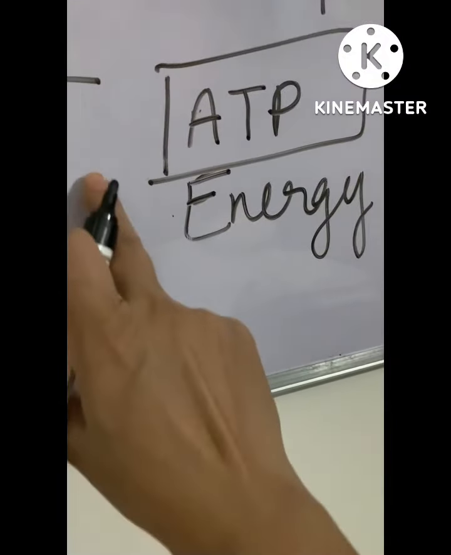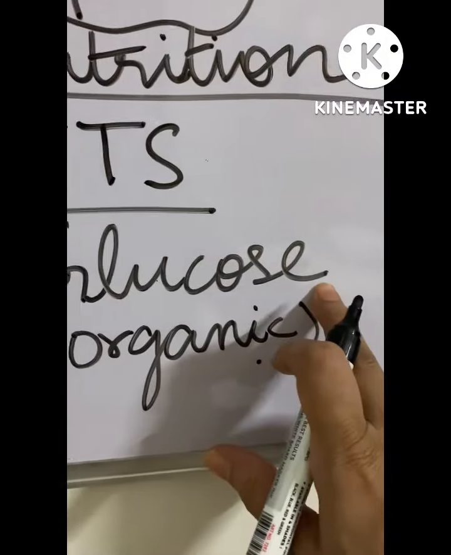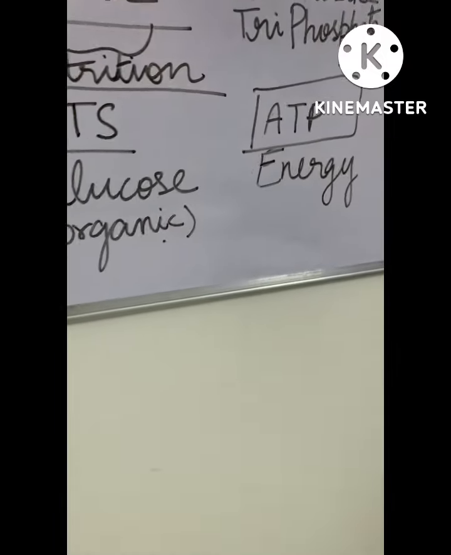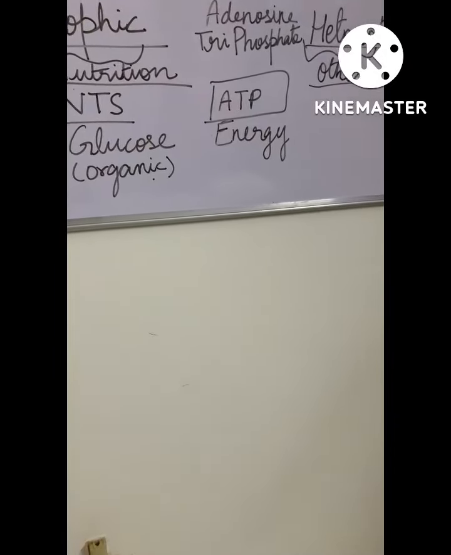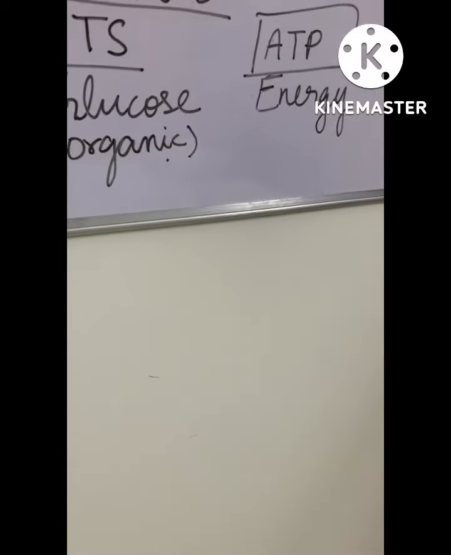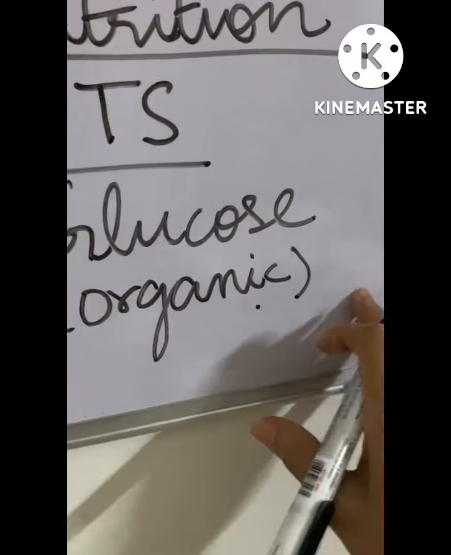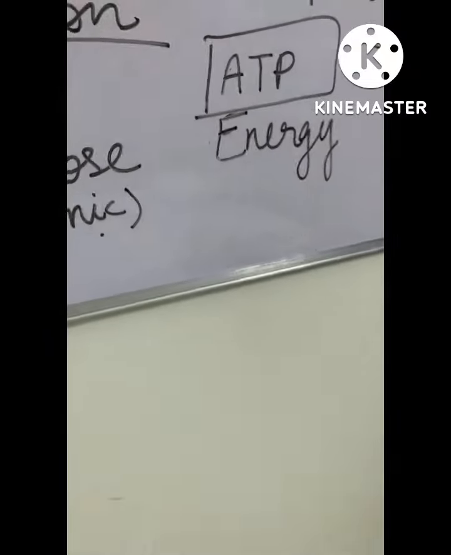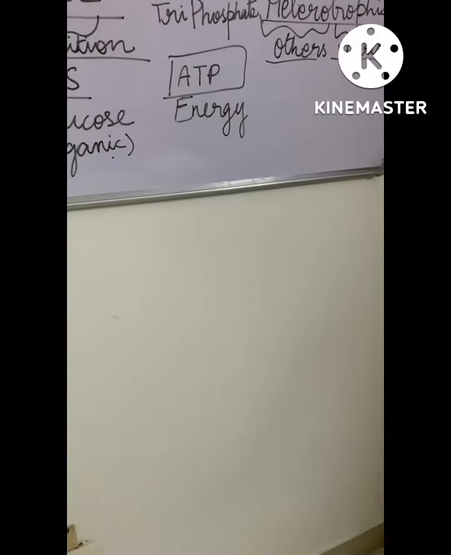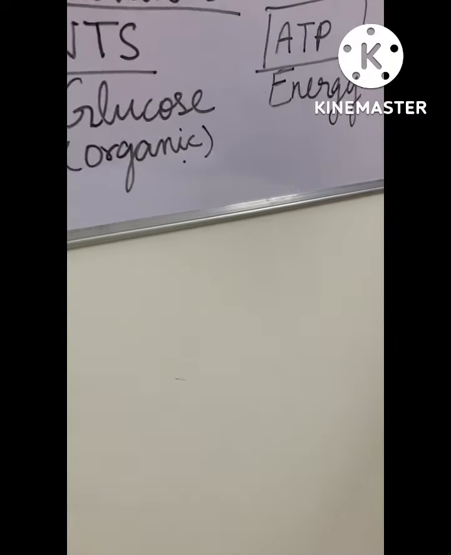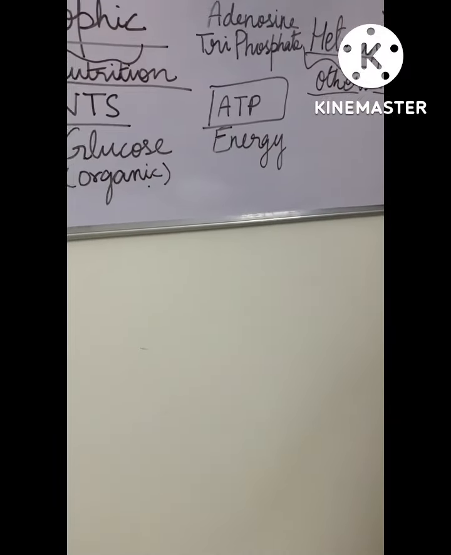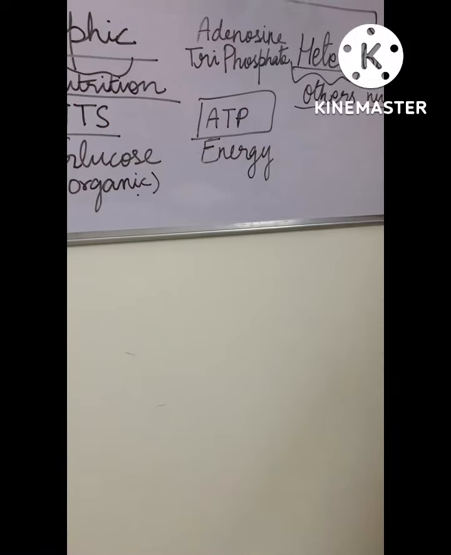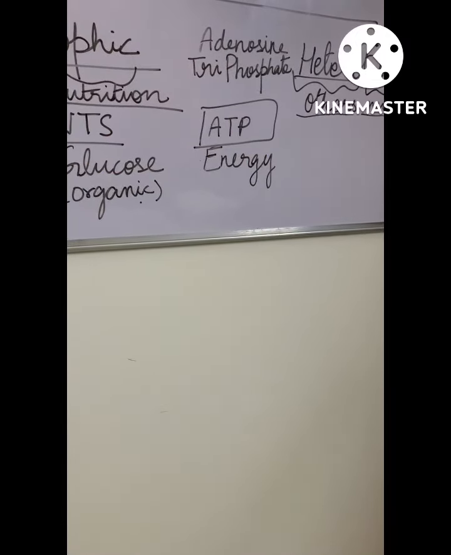In the case of plants, glucose is the food that is prepared by the green leaves, by the process called photosynthesis. And when this food is broken down, energy is released to do the various activities. And children, some amount of energy is not utilized. At a particular moment, a plant will require a certain amount of energy.